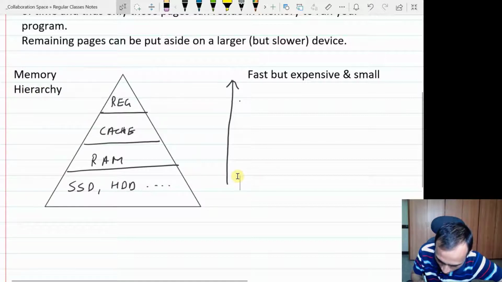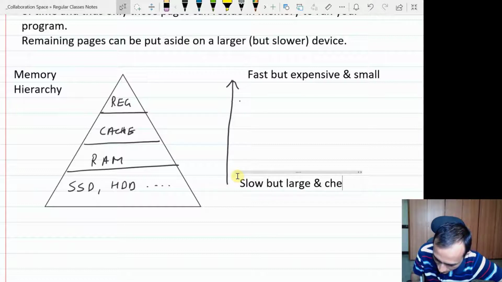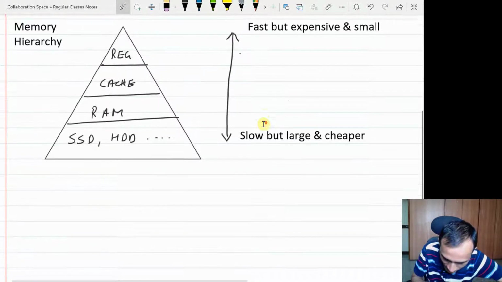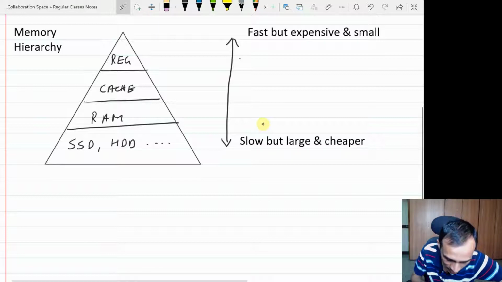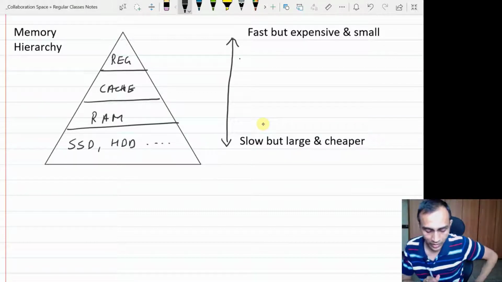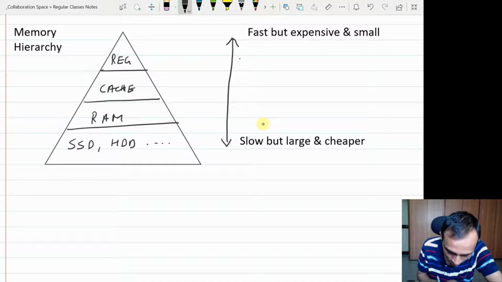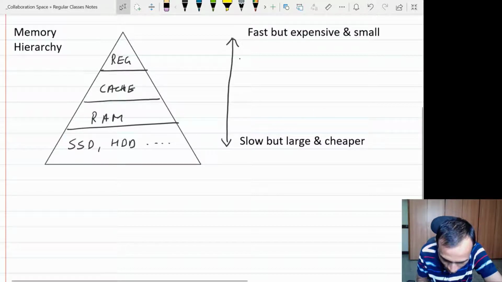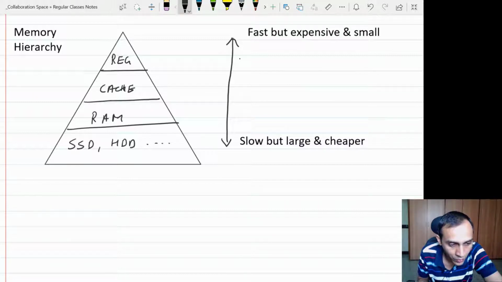On the lower end, they are slow, but you can have a lot of data, and they are cheaper. System architects and designers try to use this hierarchy to get an optimum use. So if our RAM is getting short, we can use part of the hard disk or slower devices to store away the part of memory which is less frequently used or not currently being used.